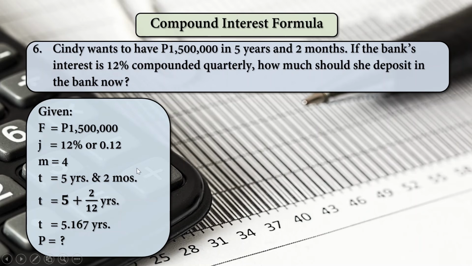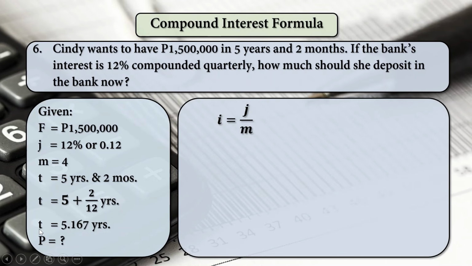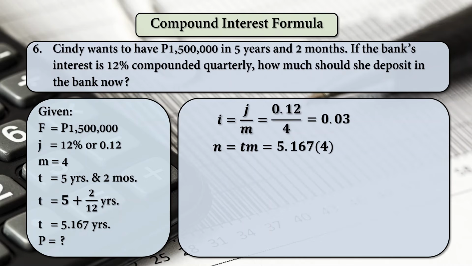Again, 2 months is 0.167 years. Okay, so plus 5, 5.167 years is our T. So finding for I, 0.12 divided by 4, that is equal to 0.03. N is equal to T times M, that is 5.167 times 4, or equal to 20.67.